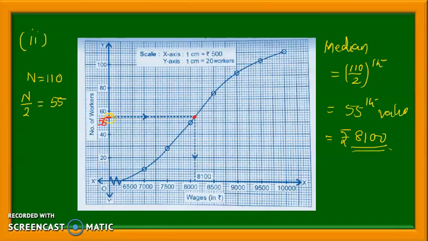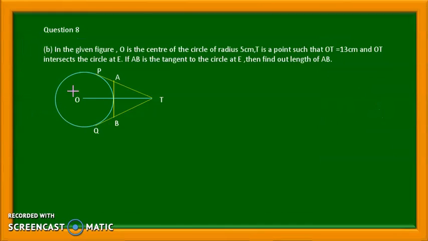And one more question is here, that is option B, where the question we can check here. Option B, what's given? A figure is given here, a circle with center O and radius 5 centimeter.